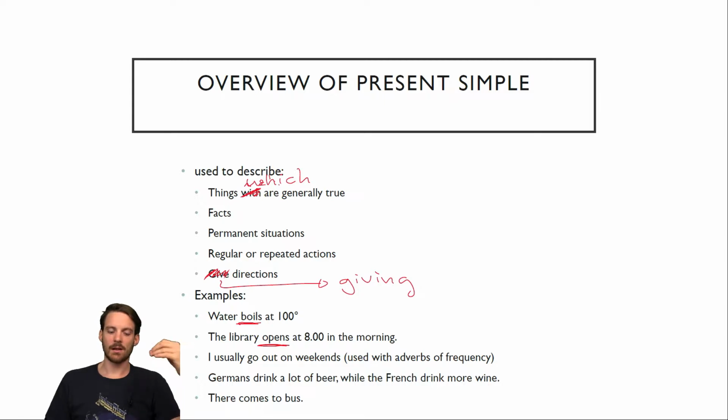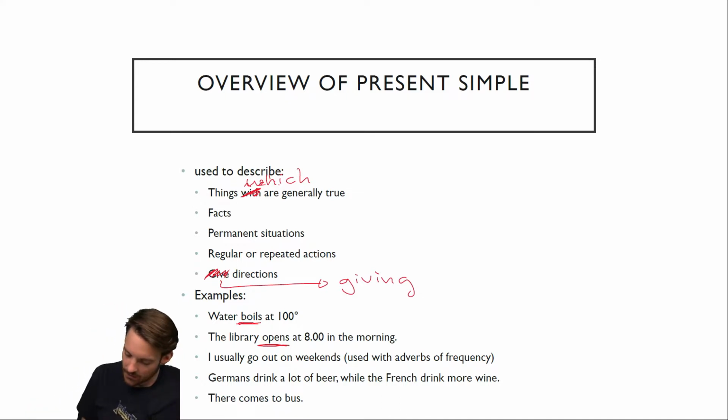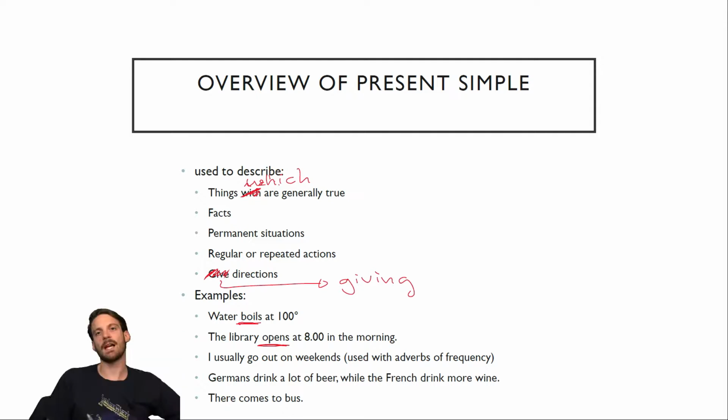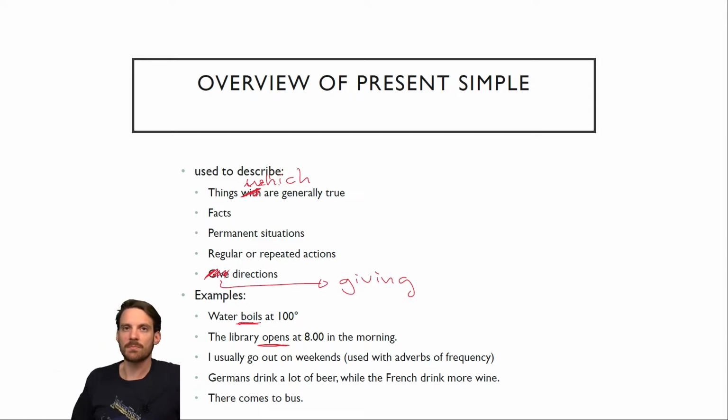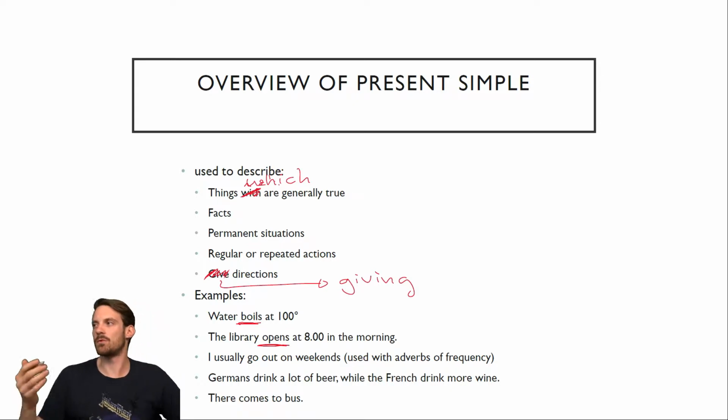That's also a regular or repeated action, and in this case it's used with an adverb of frequency. We have several adverbs of frequency, but I haven't listed them here because I didn't want to confuse you.